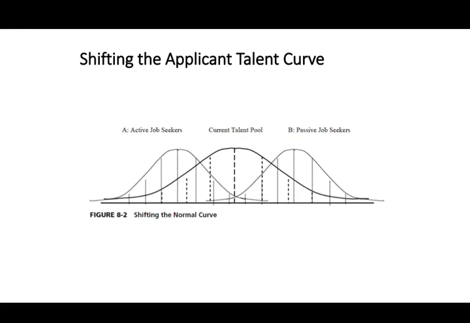Oftentimes, and as I said, particularly when we have many jobs and few applicants, our curve for the job seekers tends to shift to the left, which means that on average, they're going to be lower performers if they're actively seeking work. What this means for us when we are sourcing candidates and when we are thinking about where to recruit, we can't assume that anybody who just comes and applies for jobs with us is going to be highly skilled.